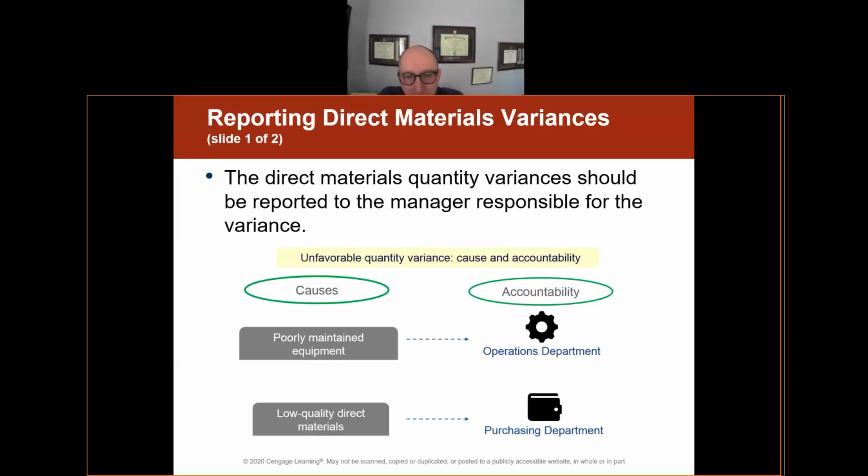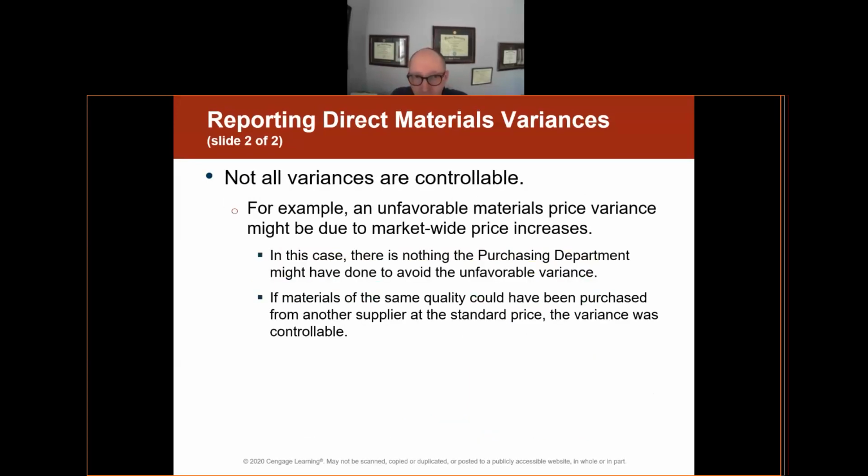So in order to help us identify causes for this, we look at the operations, and we look at the various departments. This gives us some ideas of what could be causing this unfavorable variance. Identifying the unfavorable variance and its cause is really important to management. As a manager, I want to help eliminate any type of waste, any type of overage.